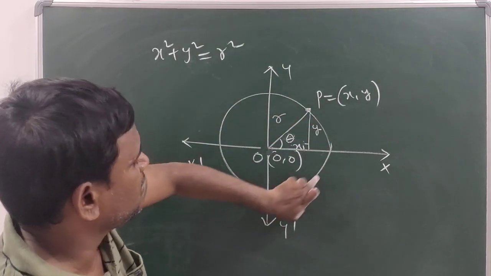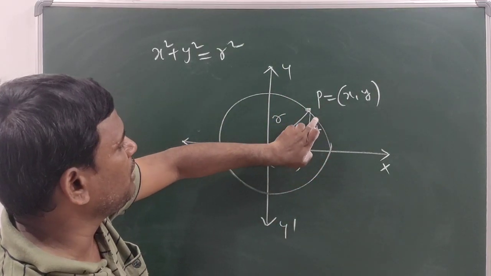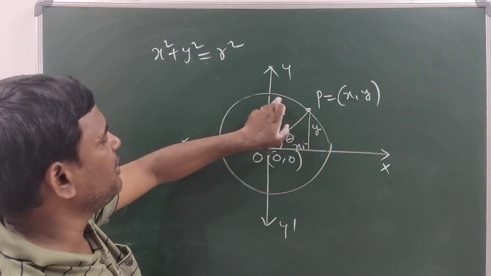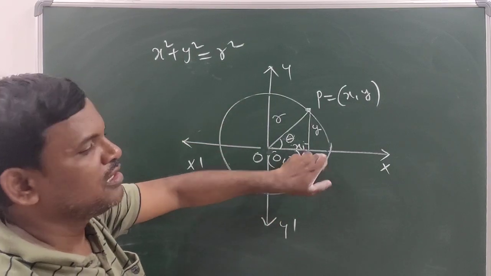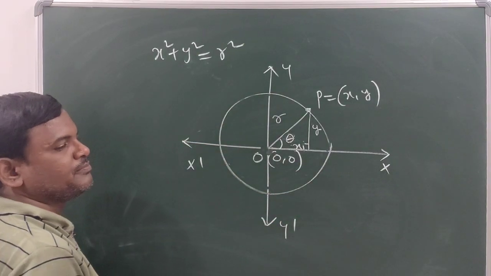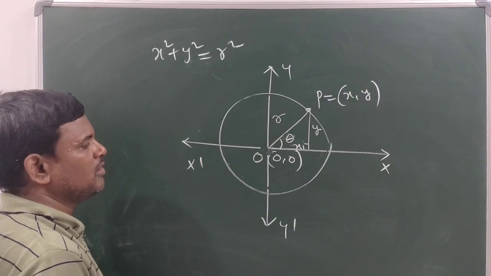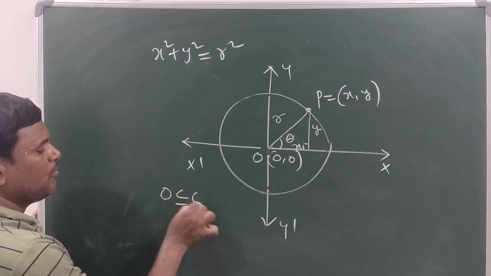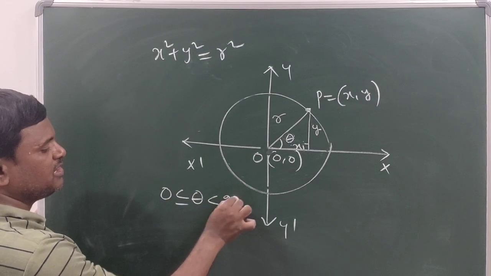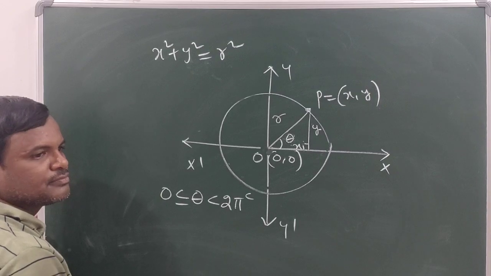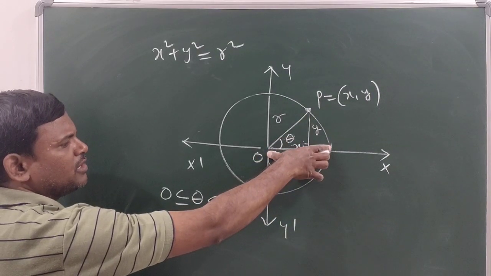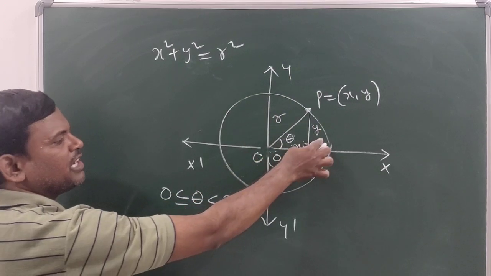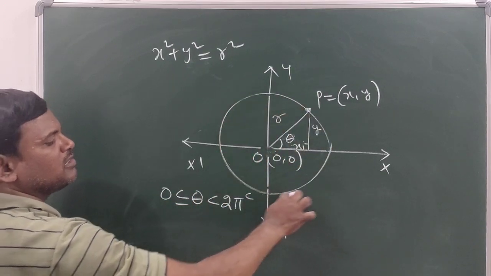If you keep on moving OP, rotating in the anti-clockwise direction, you will get different points which are located on the circumference of the circle. This theta can be either 0 or smaller than 360 degrees. If you keep on changing theta, you will get different points on the circumference of the circle.